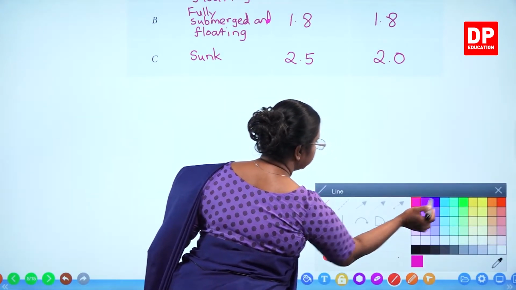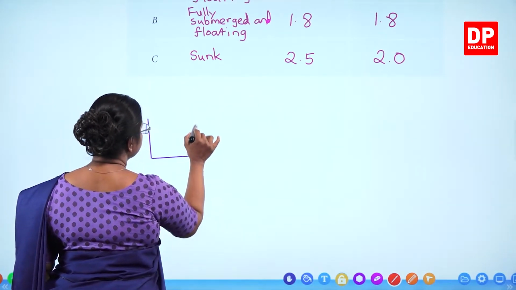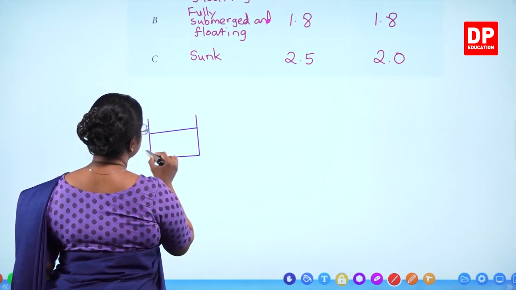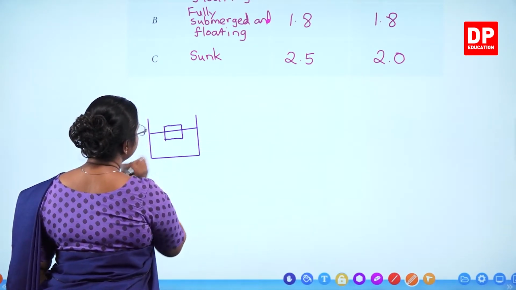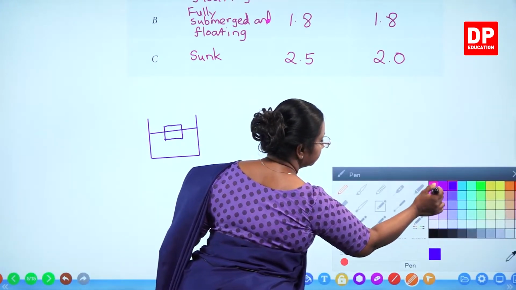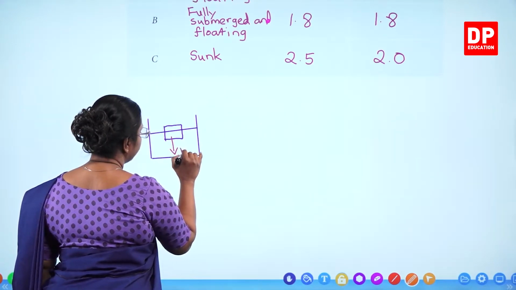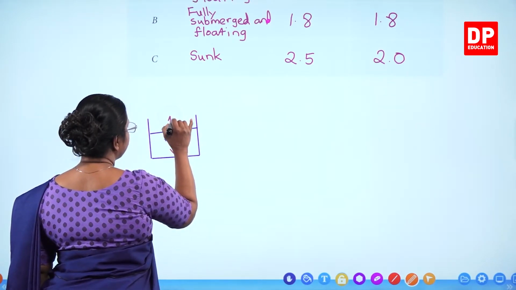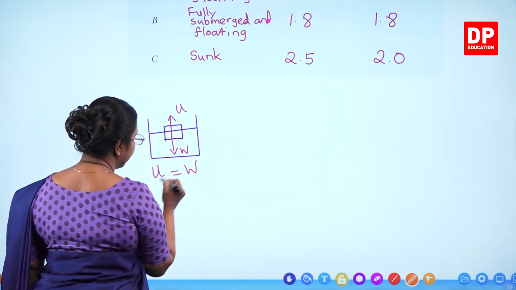Again, if we take the three instances, the object is partially floating. Then there is the weight of the object acting downwards and the upthrust upwards. So then upthrust is equal to weight.